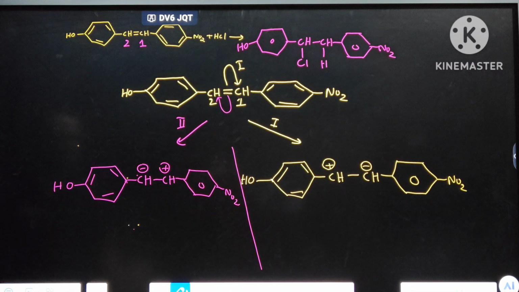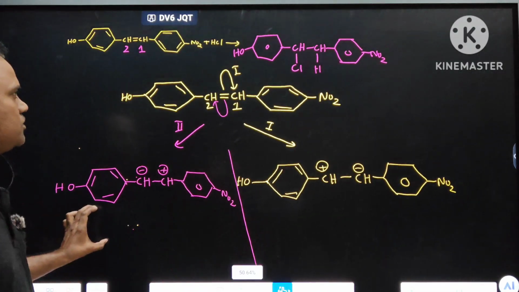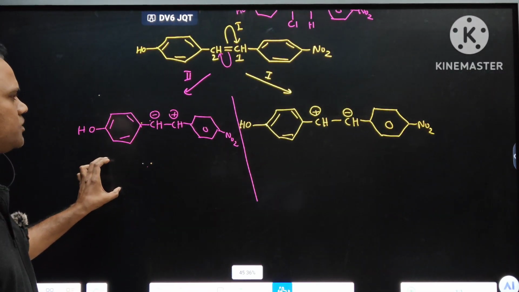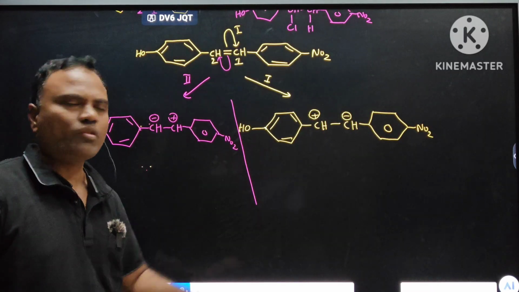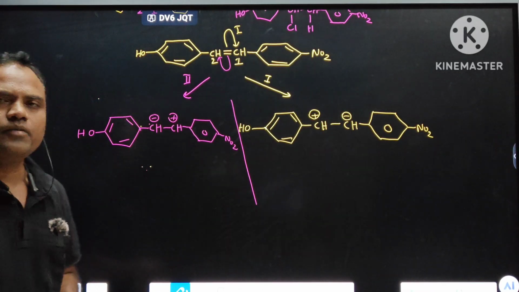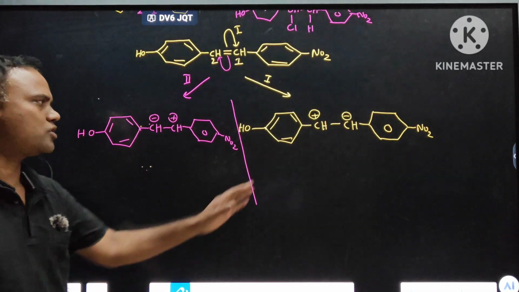NO2 and OH, right? We have two possibilities. We are getting two carbocations. Which carbocation is stable?